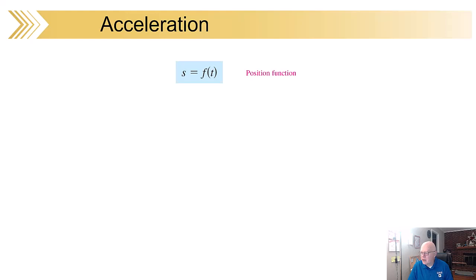So acceleration, here's the position function. One more time. Now I might be a little bit picky here, and I might say that position function is a function of time, because where it falls in that free fall example depends on, this says where it is, and this says at what time we're interested in. It's a position function.